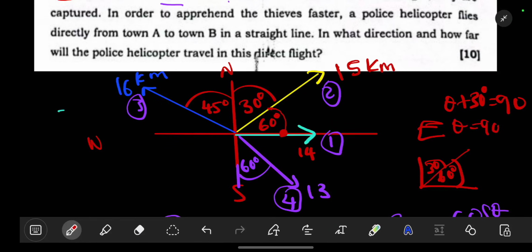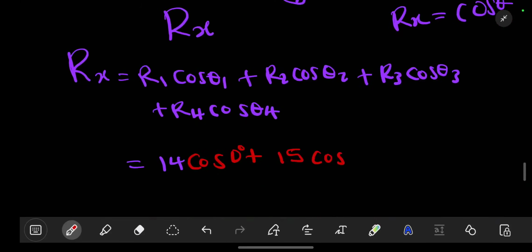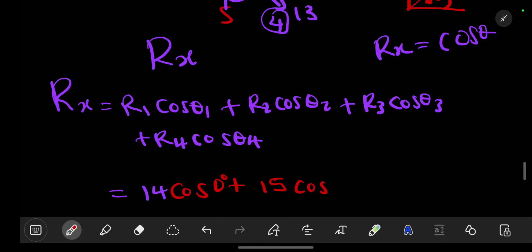So theta will be equal to 90 minus 30, which will give you 60 degrees. So we are going to say plus our 60 degrees plus, we are going to have our R3.